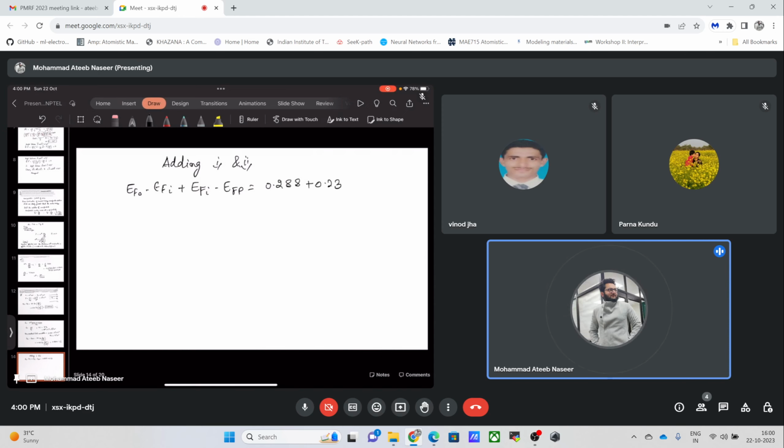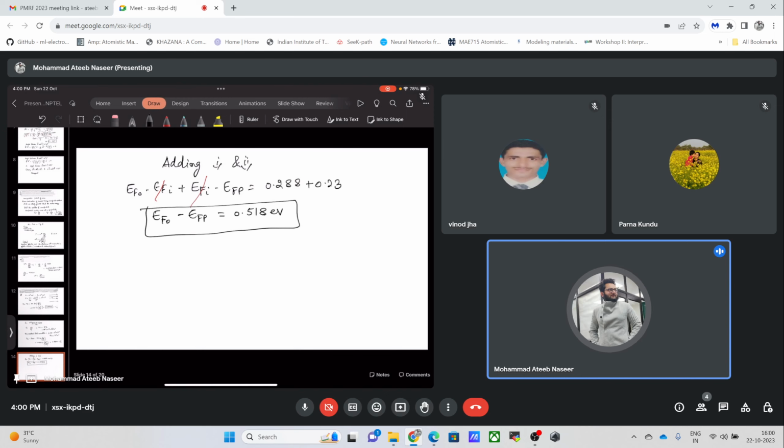So EFI will cancel out, and we will simply get the difference of EF0 and EFP, which is equal to 0.518 electron volts. So we found out the difference between these two Fermi levels.